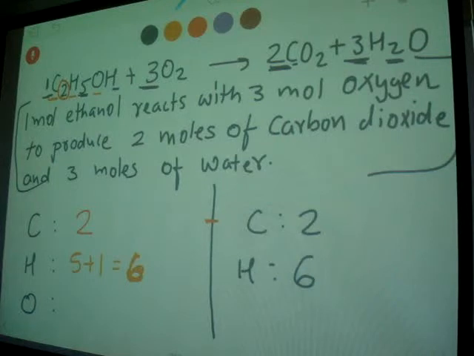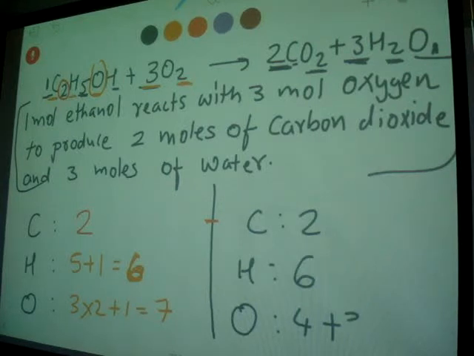For oxygen, on this side, we have 3 times 2, and then there is 1 oxygen here, so the total is 7. And on this side, oxygen is 2 times 2, which is 4, plus 3 times 1, so it's 7.